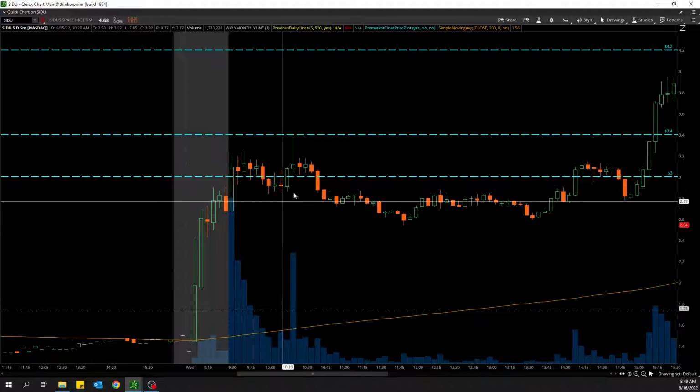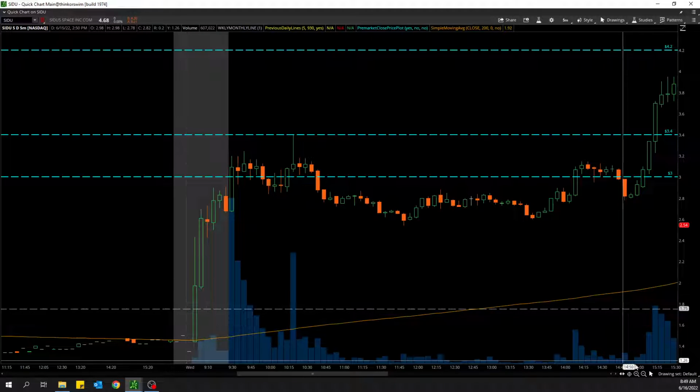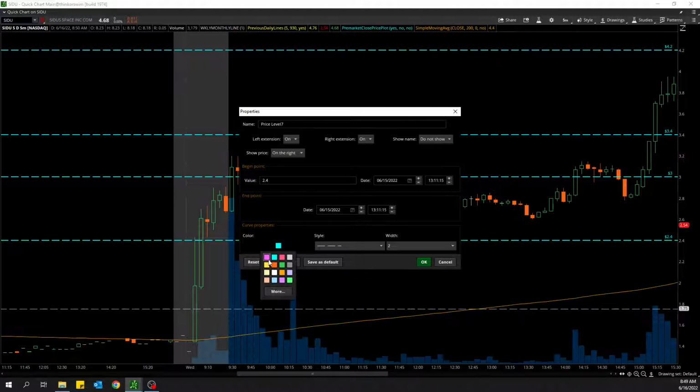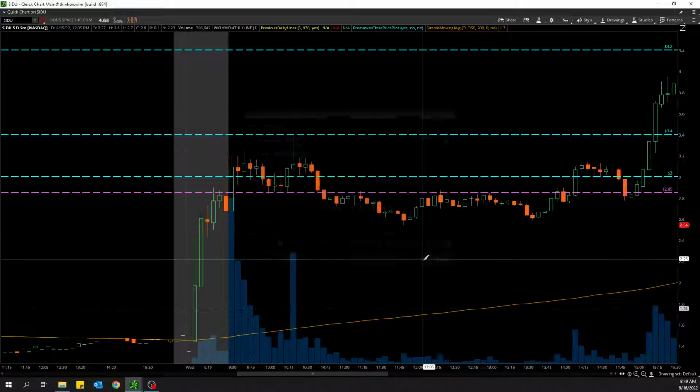So what I saw was at 285, and this is an entry day, so we're going to change that to a different color. We should use this lavender color. Remember, it was 285.